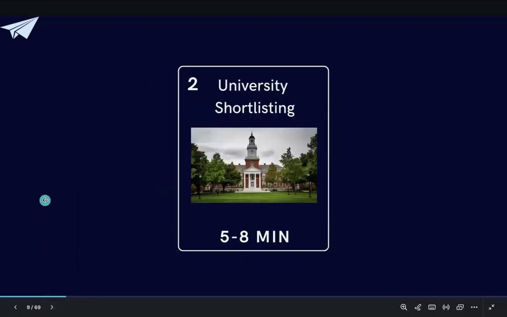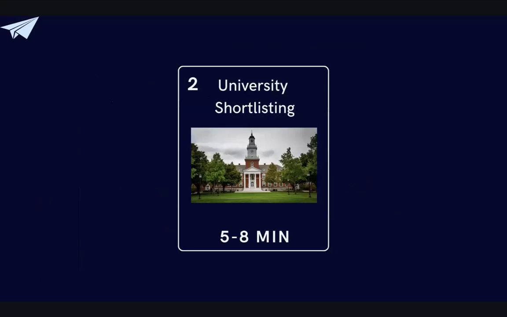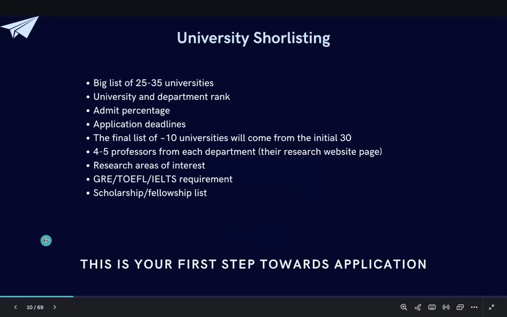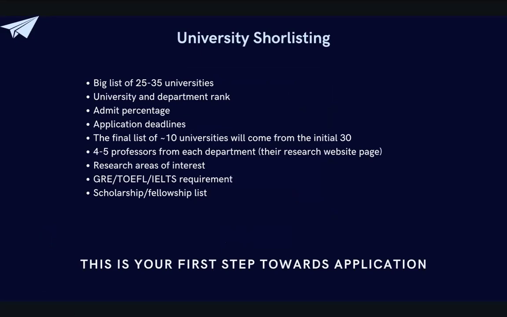The next thing we are going to talk about is university shortlisting. If we are at the beginning of May now, and you have not already begun to shortlist your universities for fall of next year, I suggest now would be a very good time to start. I'll walk you through how the university shortlisting needs to be done. It's a procedure that you need to follow. First, you need to make a list of 25 to 35 universities of your choice. I wouldn't suggest you go by the QS university rankings.